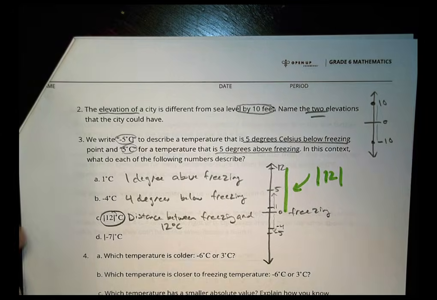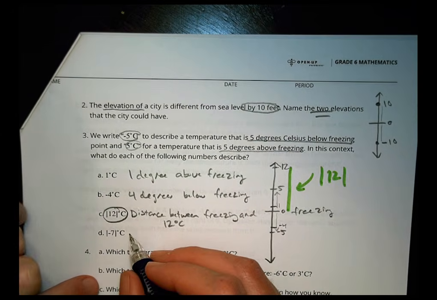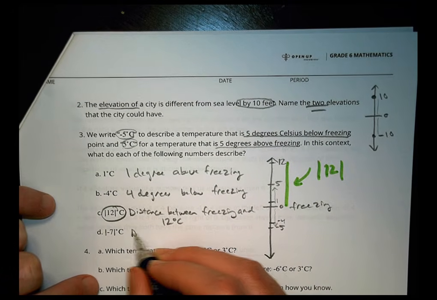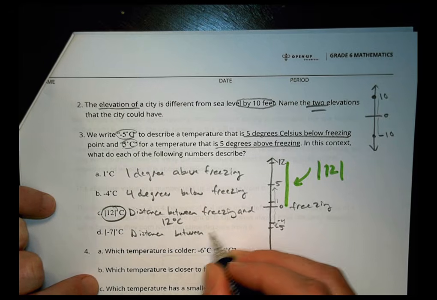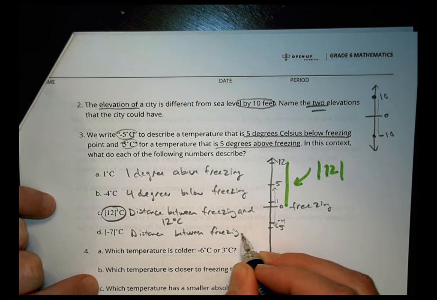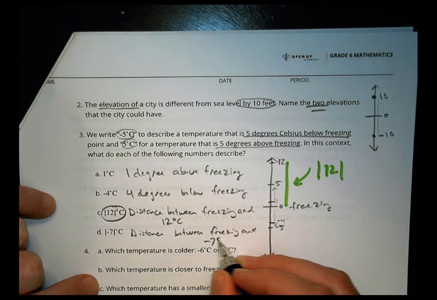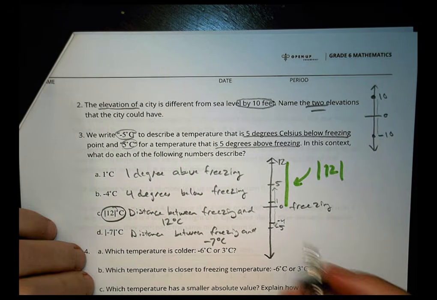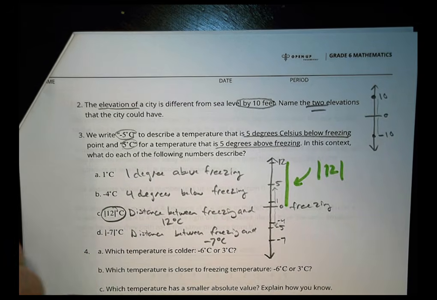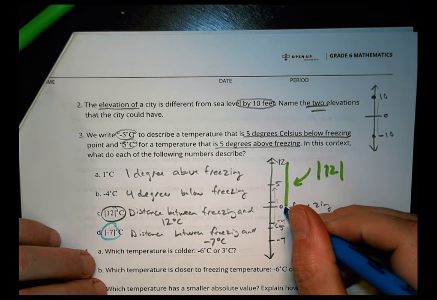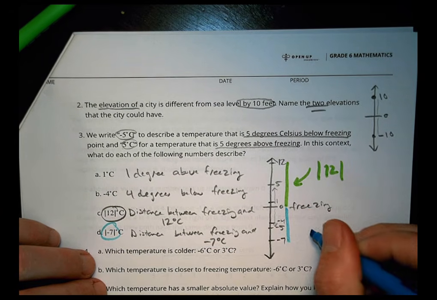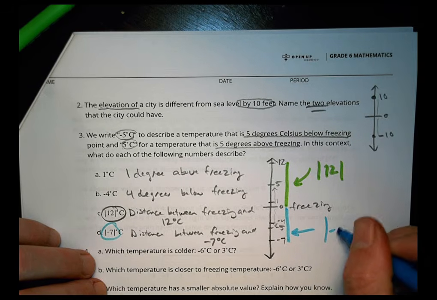Just like in the next one here, absolute value of -7 is the distance between freezing and -7 degrees Celsius. So -7 degrees Celsius can be here, and what we're saying is that the distance from freezing to this point is the absolute value of -7.